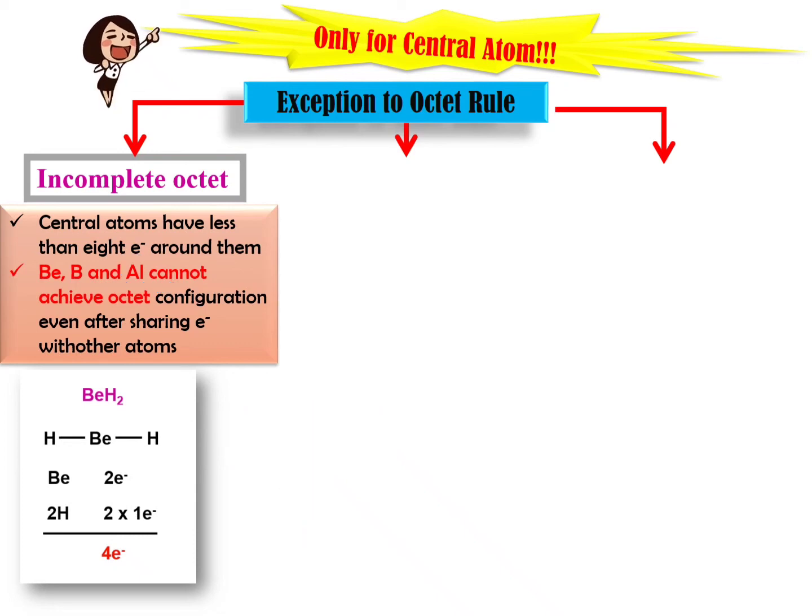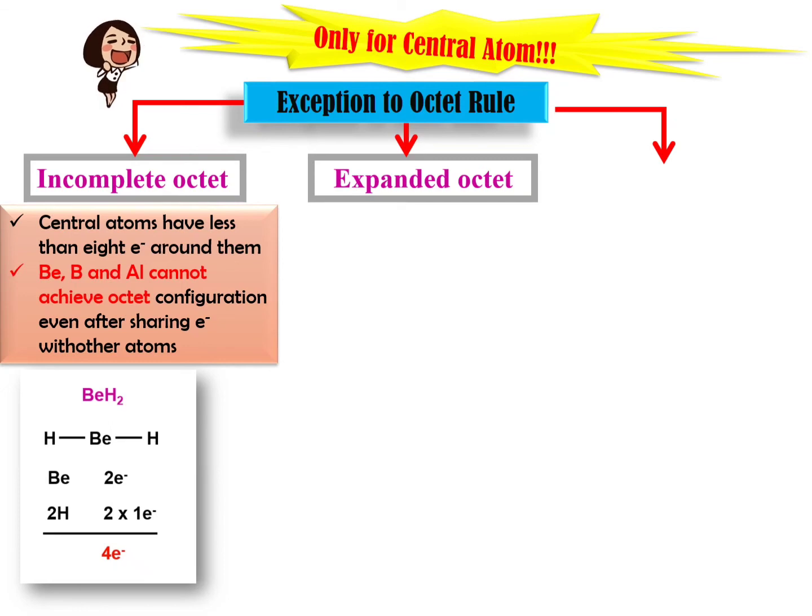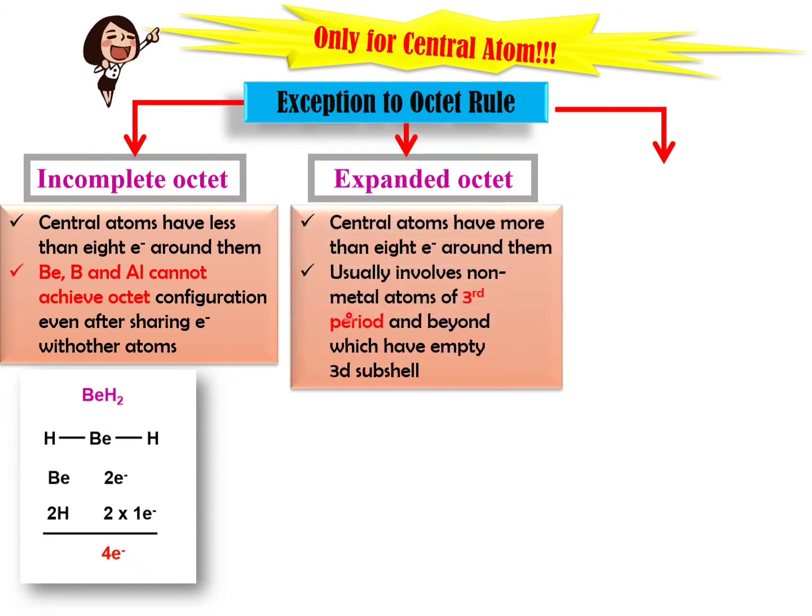Alright. Okay, next kita ada expanded octet. So expanded maksudnya dia akan ada more than 8 electron around the central atom. Okay, so ni boleh baca: central atom that have more than 8 electron around them, usually involve non-metal atom of third period and beyond which have empty 3D subshell.